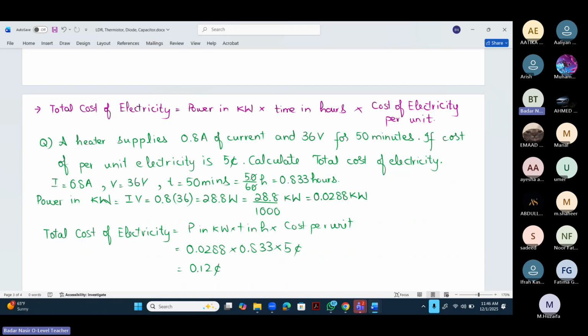Okay, so in the exam, he is going to ask you to calculate the total cost of the electricity.